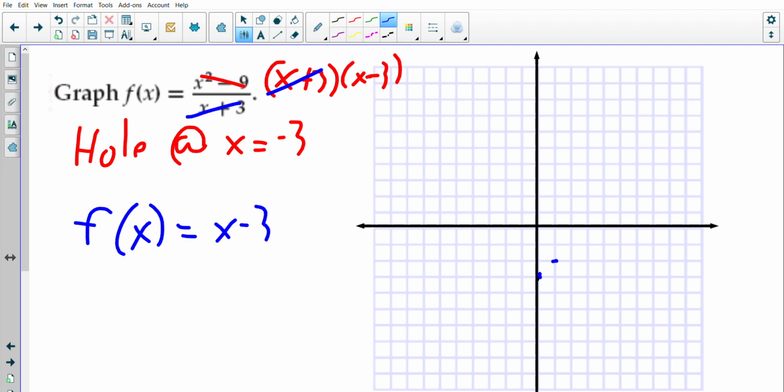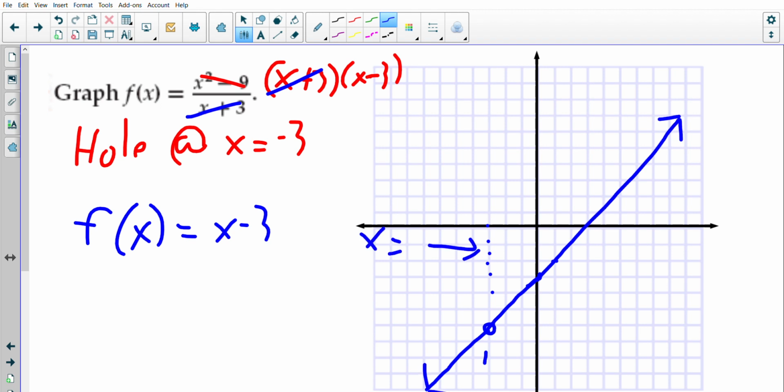So when I plug in at -3, wherever the line crosses, I'm just going to draw a little circle right there. Okay, so here we go. Right there is my hole. And I continue my line. And there we go. Okay, so that's how it will end up looking.